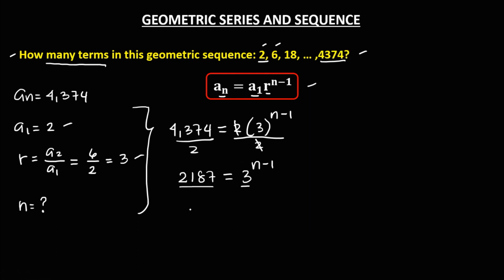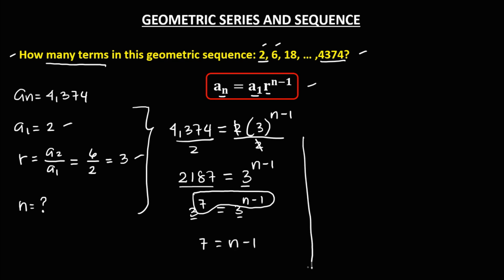So this becomes 3 to the power 7 equals 3 to the power n minus 1. Since we now have the same base, we can equate these two exponents. So that becomes 7 equals n minus 1.